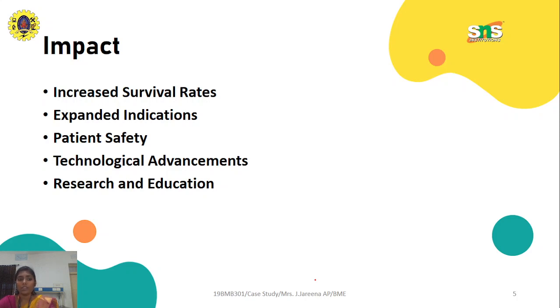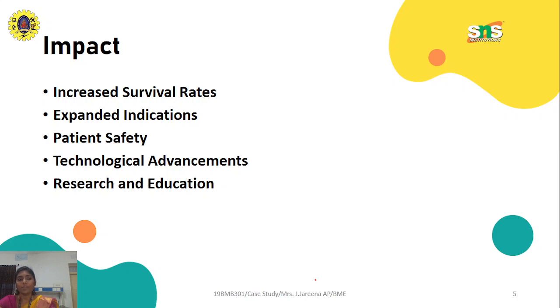Then expanded indication. As I said before, this type of heart lung machine really helps doctors do the surgery with confidence and in a relaxed manner, so they get to know the severity of the heart damage, and they have the freedom to operate on the heart.